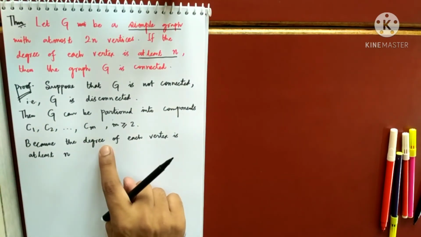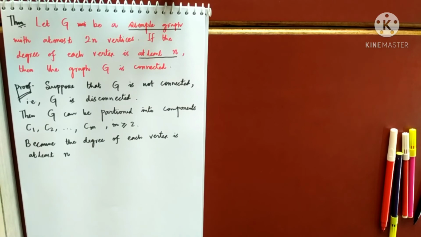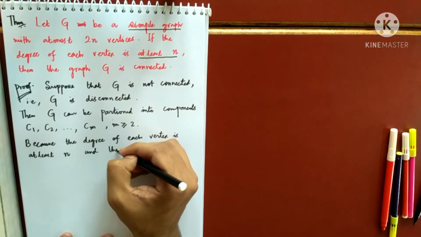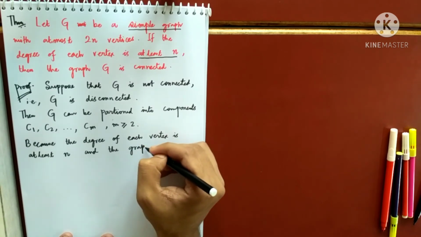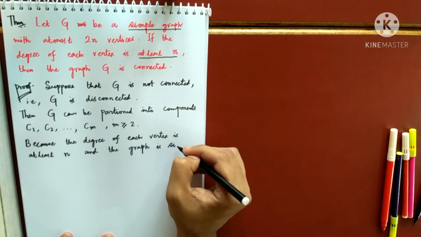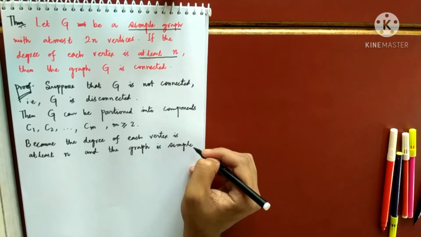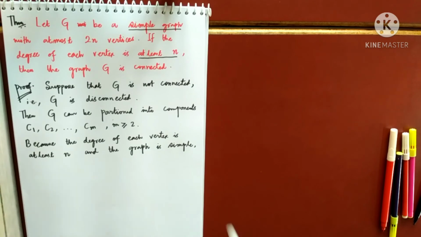So because the degree of each vertex is at least n and the graph is simple, any vertex is adjacent to at least n vertices.